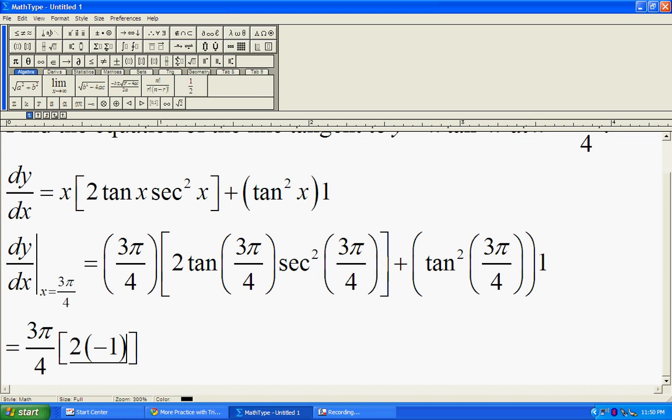Secant squared of 3 pi over 4: cosine of 3 pi over 4 is negative square root of 2 over 2. Taking the reciprocal of that, we get negative radical 2, and squaring that, we'd end up with positive 2.